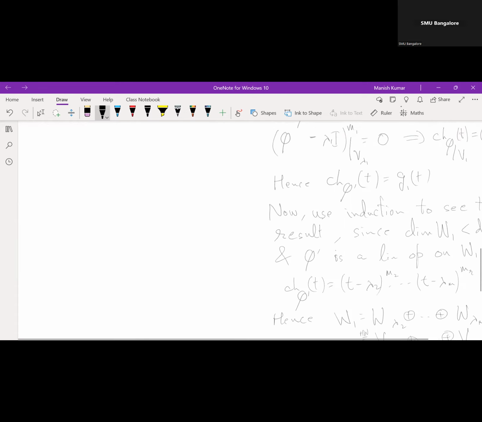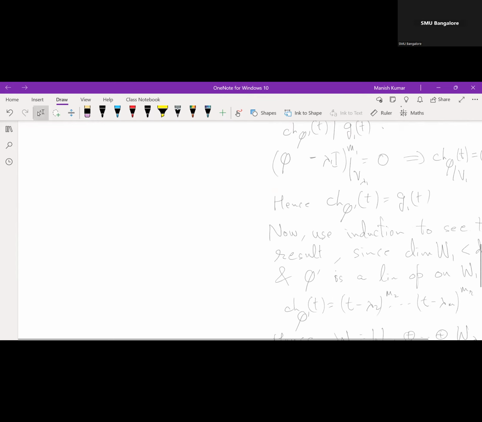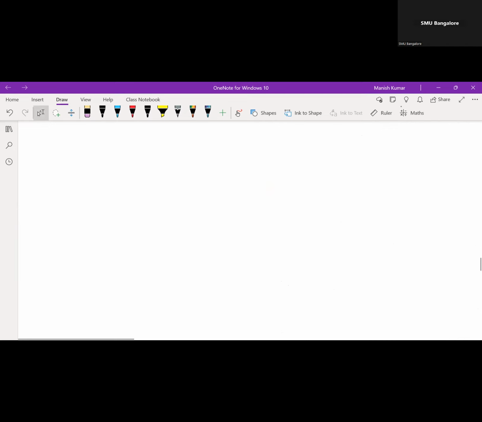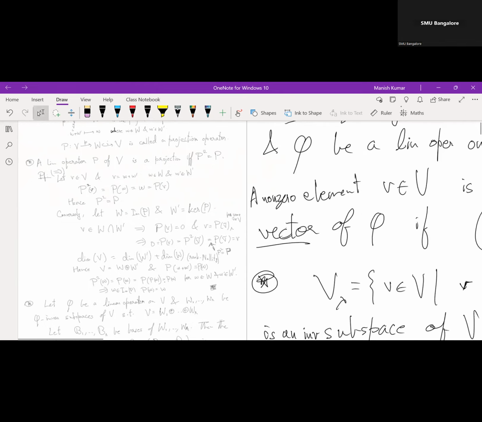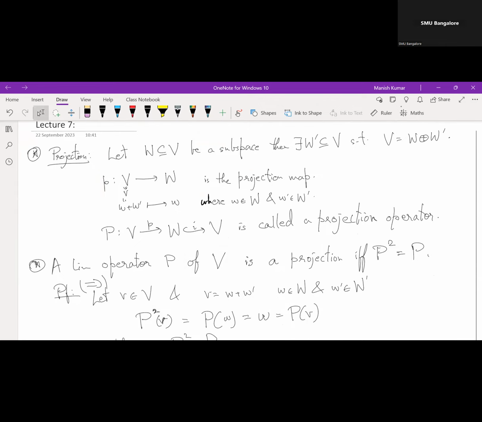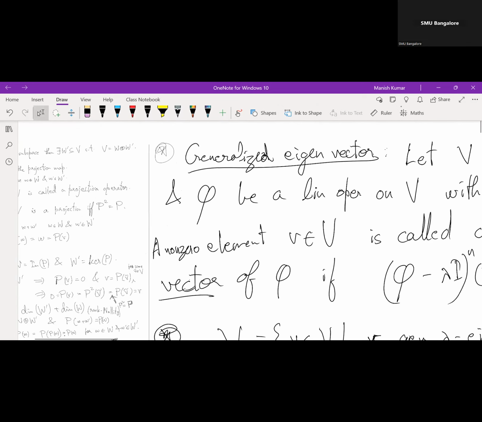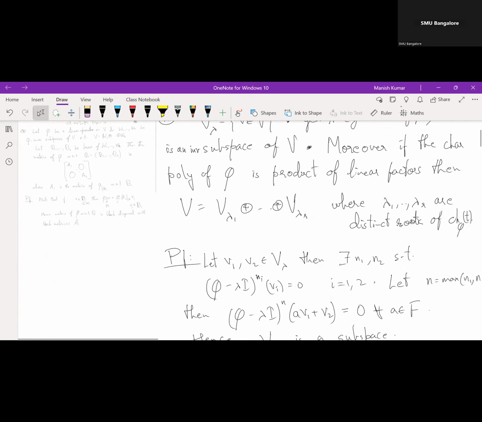I was hoping to say something about the generalized eigenvector, why we are looking at generalized eigenvectors and so on.